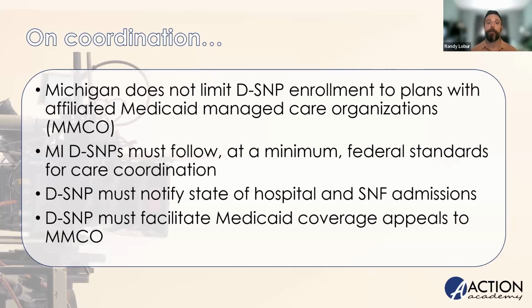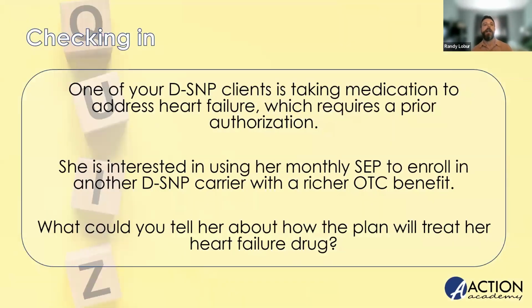So say, for example, Medicaid, for whatever reason, denies a service or denies coverage in a hospital or in a SNF, even though the Medicare portion approved it. The carrier has a legal obligation to facilitate appeals to the Medicaid organization. So long story short, if you do have a problem with coverage on a DSNP, the first best stop is the Medicare Advantage provider because they have an obligation to facilitate appeals elsewhere.